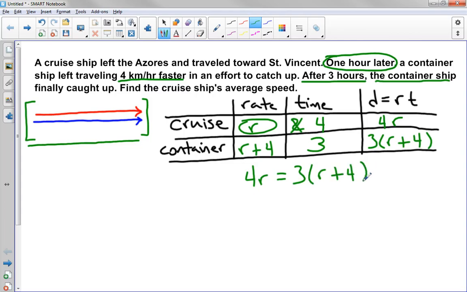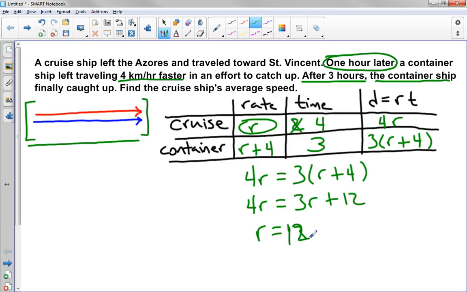And we have a really simple equation to solve. Go ahead and finish it, I suppose. Use the distributive property. Now if you subtract 3r from both sides, we get r equals 12. And what you should really do is write some sort of a little summary or sentence.